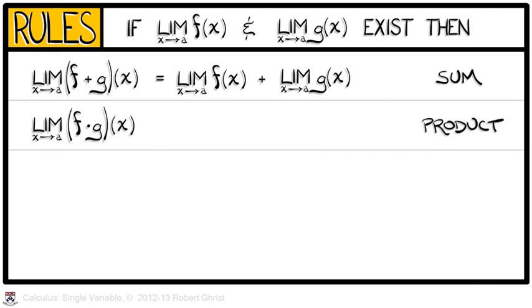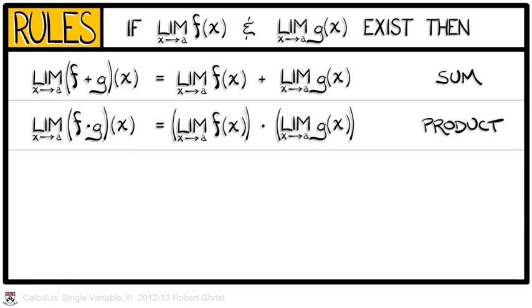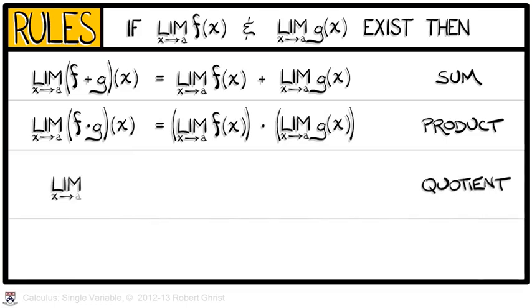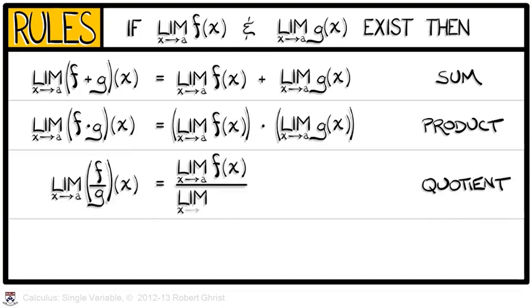There is, likewise, a product rule that the limit of the product of f and g is, in fact, the product of the limits. There is, likewise, a quotient rule that the limit of f divided by g is the limit of f divided by the limit of g.